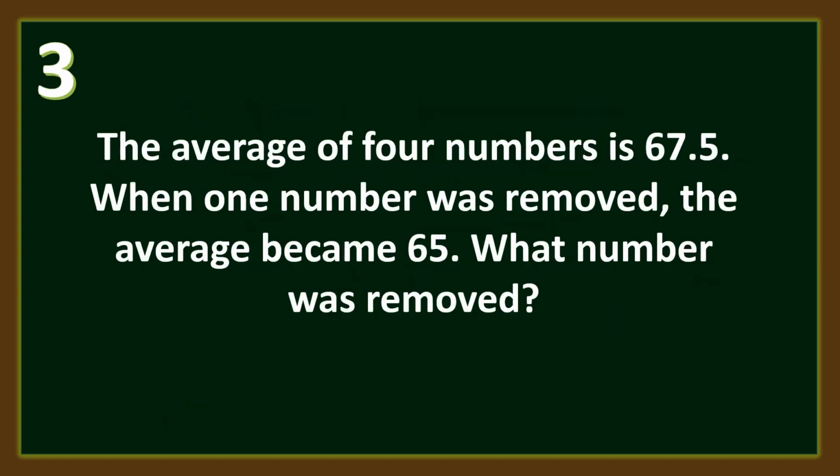Question number 3. The average of four numbers is 67.5. When one number was removed, the average became 65.